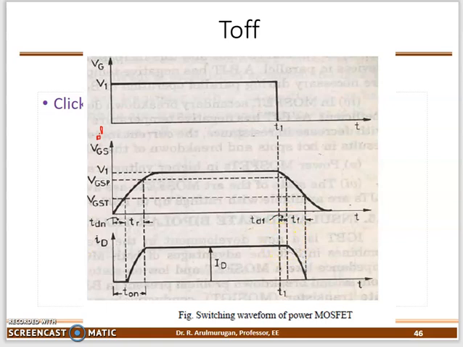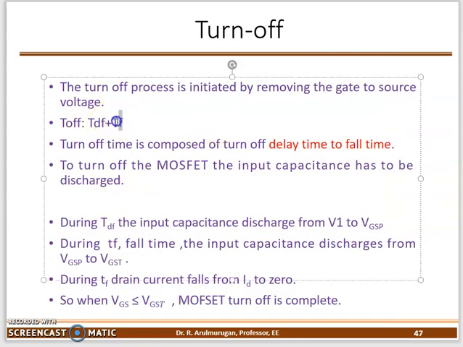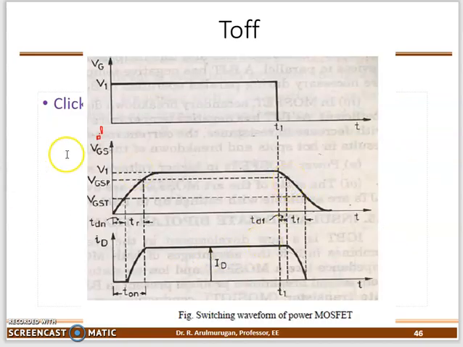The next one, TF, is the fall time. During the fall time period, the input voltage decreases from the peak value to the threshold value, and the output current also starts to decrease, totally from the highest value to zero. That's the turn off.